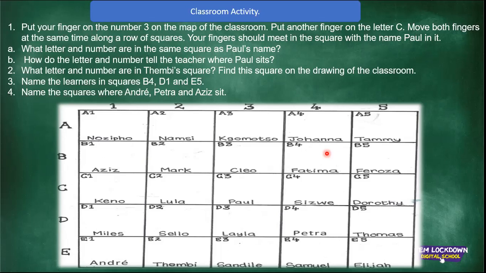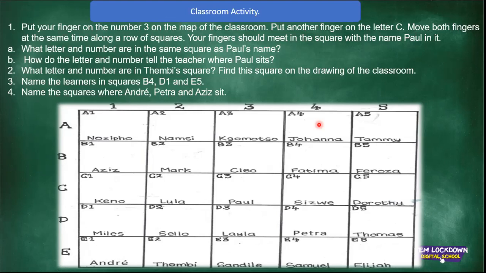Petra is sitting in D4, that's correct. Aziz is sitting in B1. Yes, that's correct. Thank you very much, Zoe.